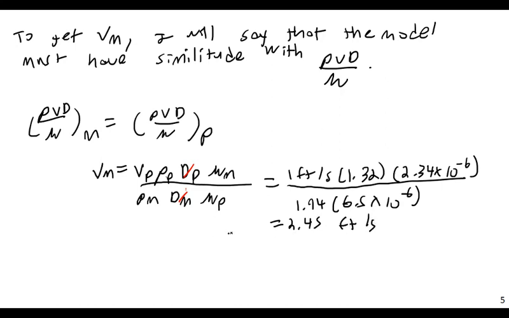Then if I take this VM and substitute it into the previous expression I'll get that delta P for the prototype is going to be 0.0510 pounds per square foot.